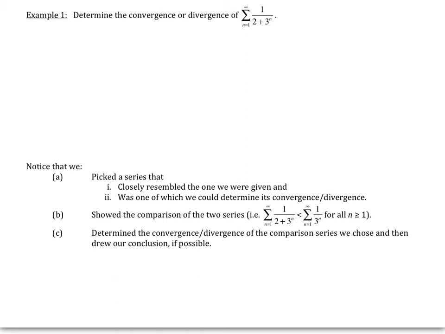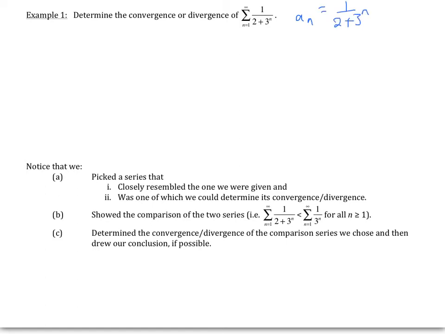So this is a series. It doesn't quite fit into the mold of the ones that we've looked at before, although it looks very similar to one. Okay, so what we've got, I'm going to let a sub n be 1 over 2 plus 3 to the n.